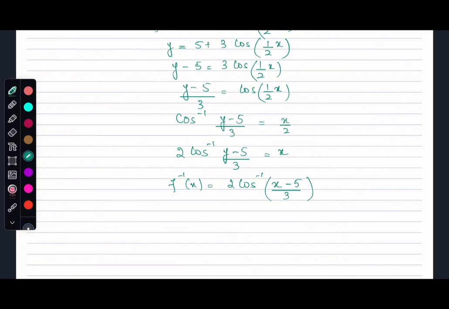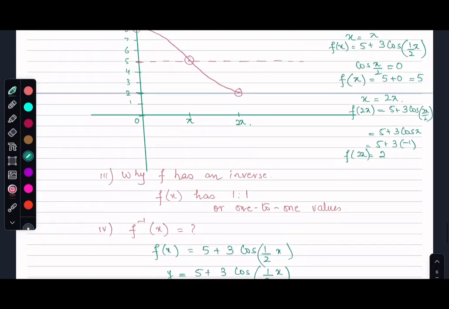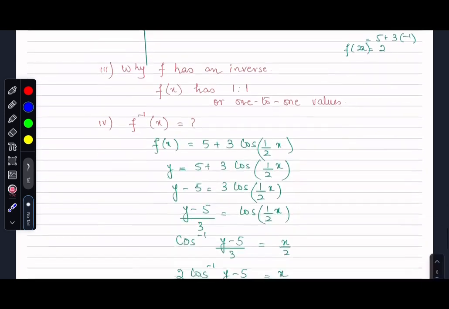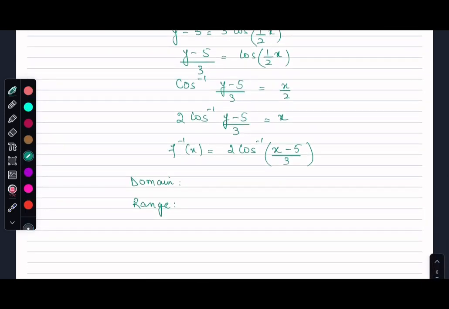And if the question would have asked for the domain and the range of the function, then simply what I should be knowing is I should be flipping the values that are given in the question. We already have the range of the function, which was 2 less than or equal to f of x less than or equal to 8. So I would say the domain is 2 less than or equal to x less than or equal to 8.